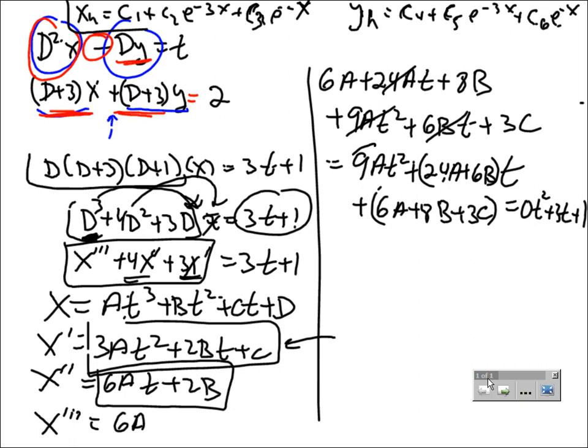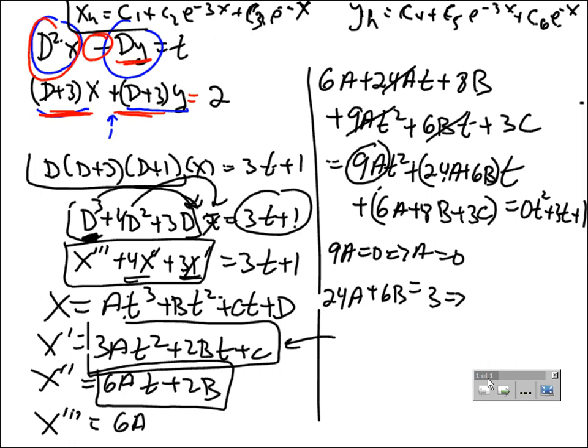So the 9a must be 0, which implies a is 0. The 24a plus 6b must be 3.